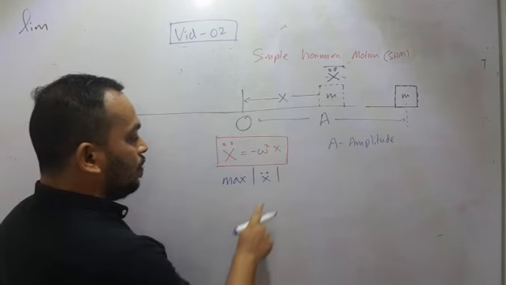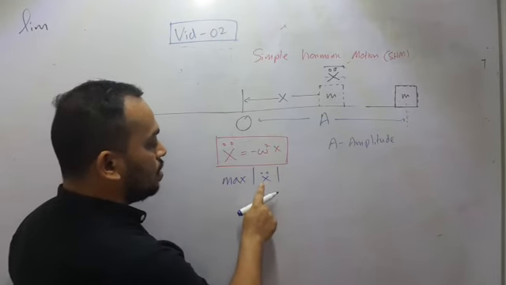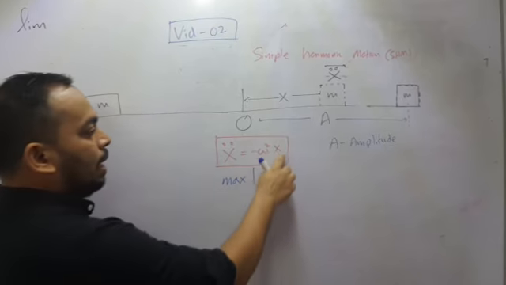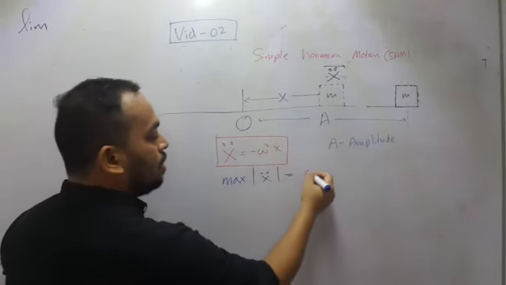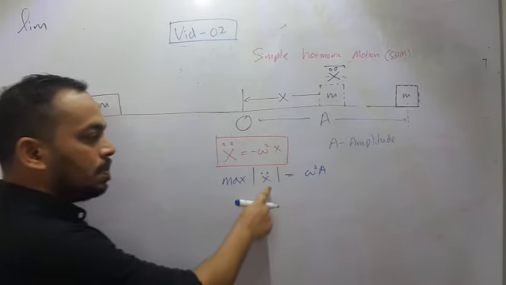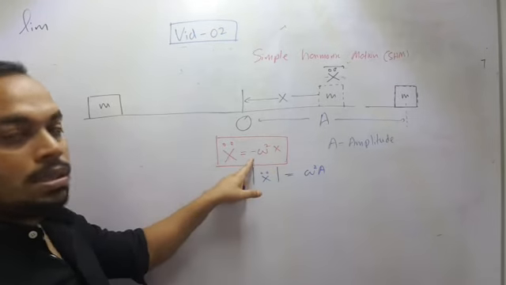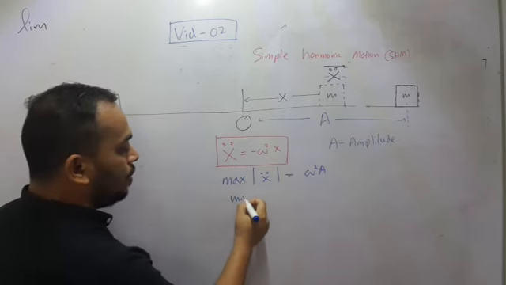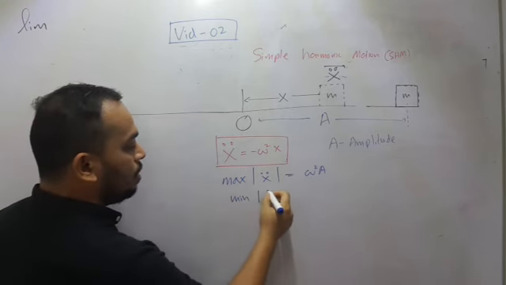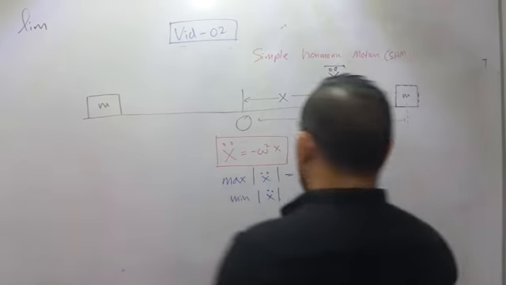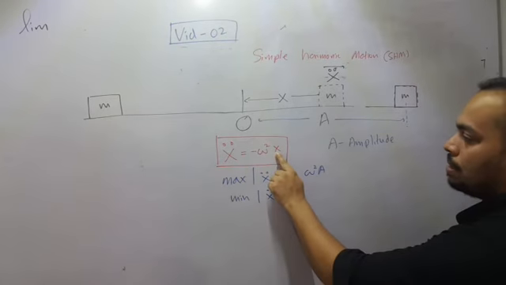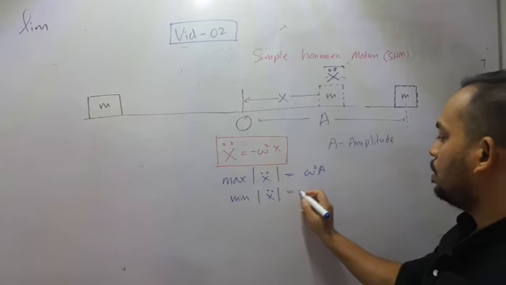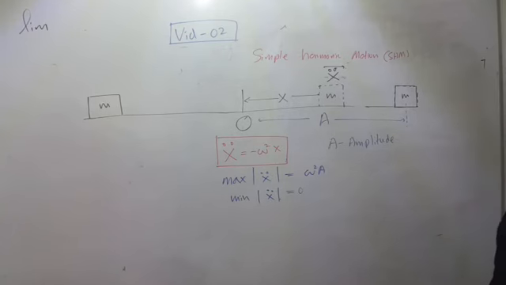I'm just going to find the maximum acceleration. The absolute value, with x replaced by a, gives omega squared a. So we disregard the negative sign here. What is the minimum value? The minimum value occurs when x is 0. When x is 0, the acceleration is a minimum, which is 0.